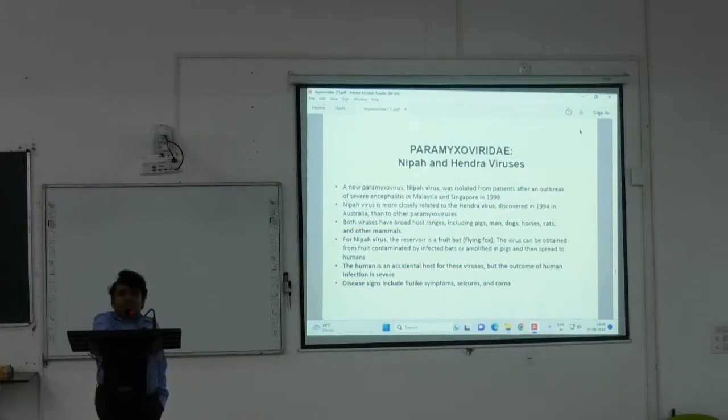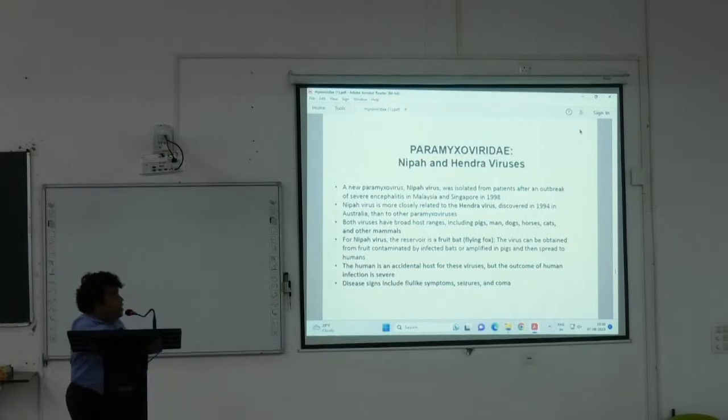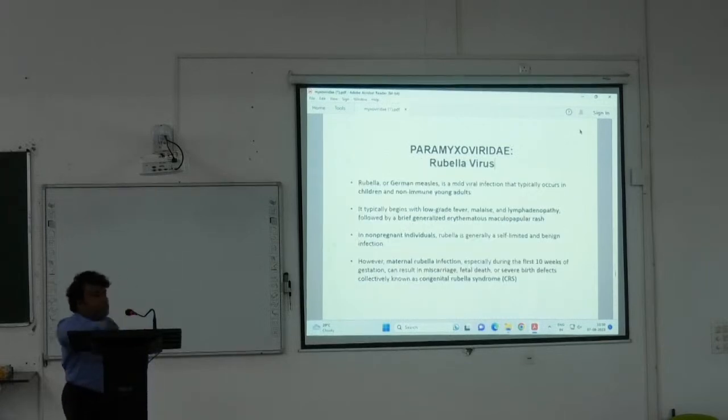They cause viremia and sometimes encephalitis, and many a times these are fatal and may manifest with seizure and coma. Treatment is generally supportive. There is no specific drug, no vaccine for this. Just be aware that these two viruses are recently identified and they can cause outbreaks in future.